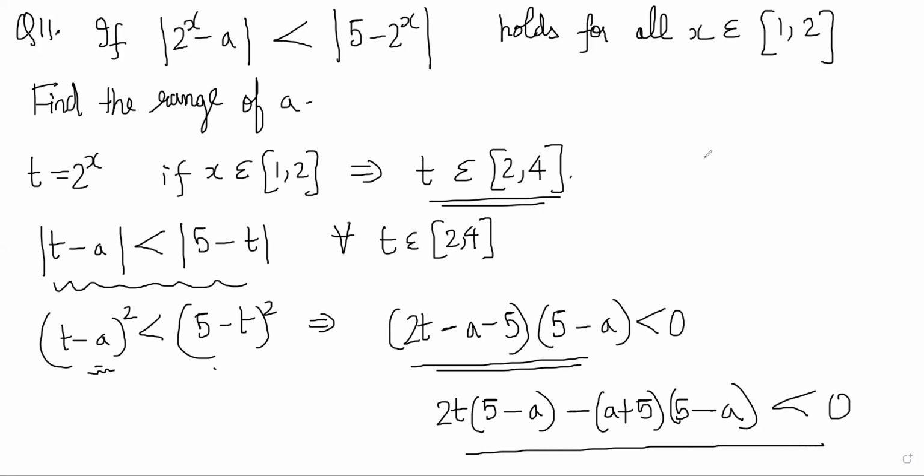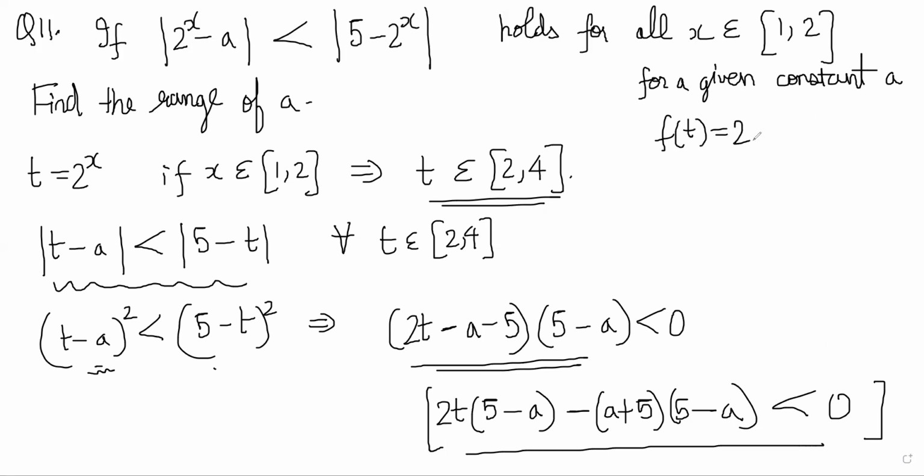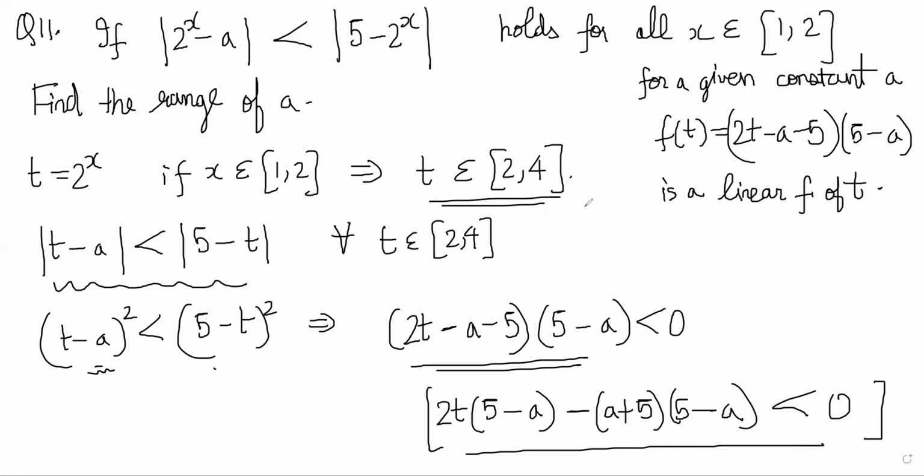Now, for a given constant a, can you see that this is a linear function? f(t) = (2t - a - 5)(5 - a) is a linear function of t, because t comes only with degree 1. It's a straight line in t, right?